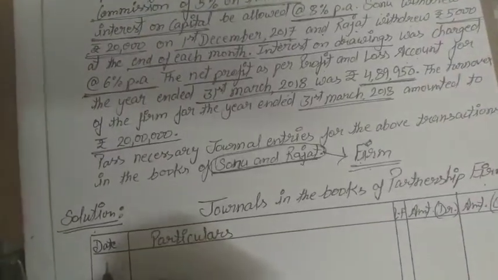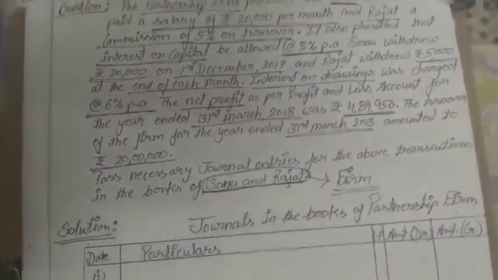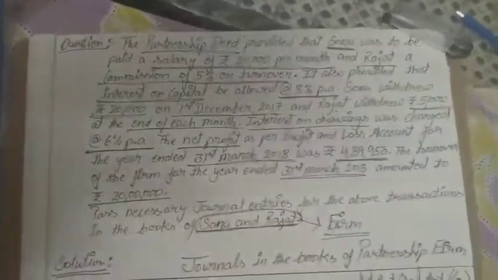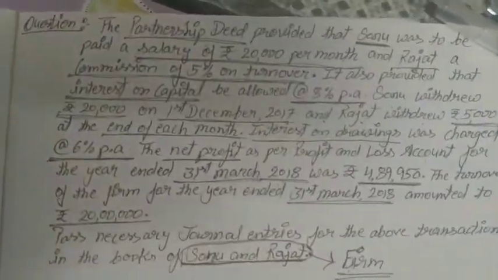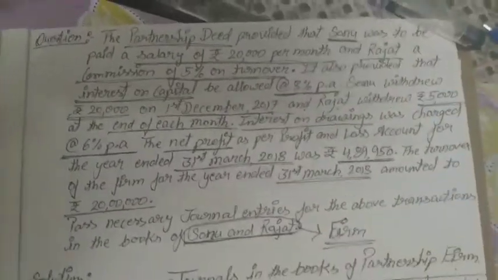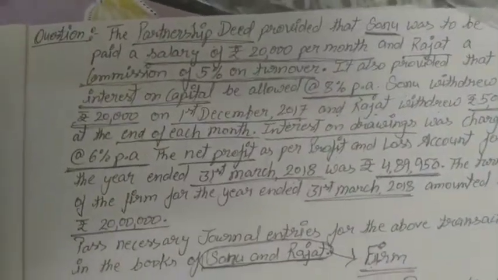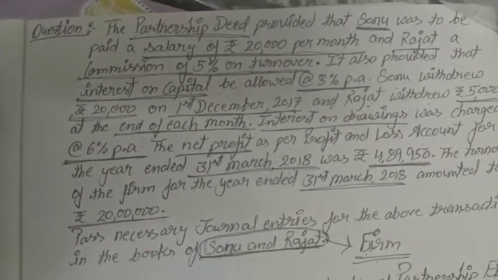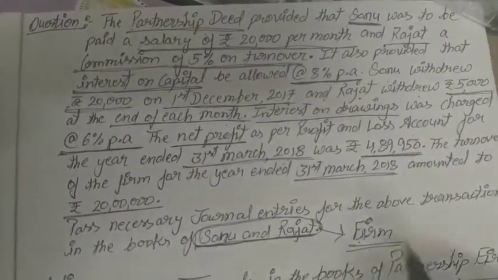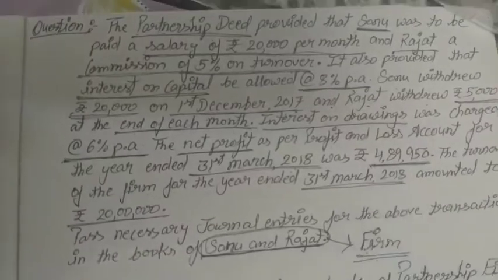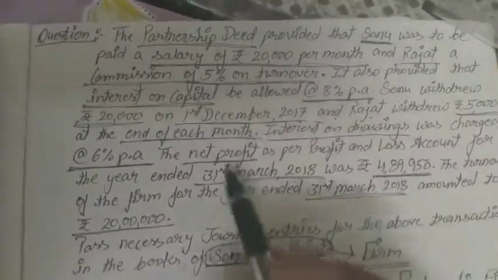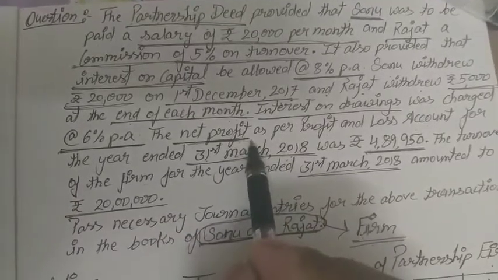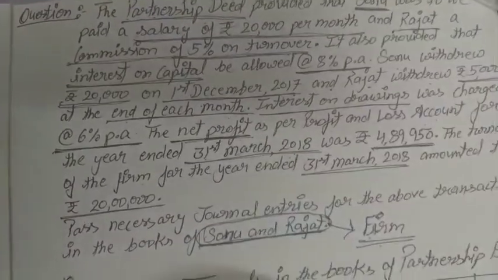First journal entry. All the transactions are for the complete year. No specific date is given for any particular transaction, so we can write in this sequence. First, the profit and loss we have to transfer. If there is net profit, the profit and loss account will be debited and the profit and loss appropriation account will be credited.